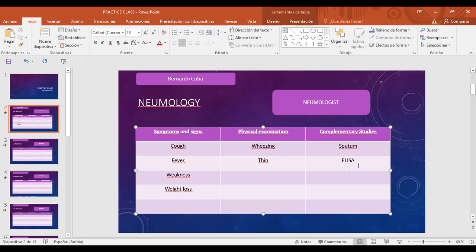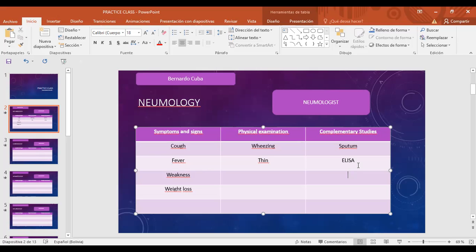What else? Well, these are lab tests, right? So, anything else when we're talking about the lab tests? One more, but I don't remember the name. G something. I don't remember. Sorry. Don't worry.